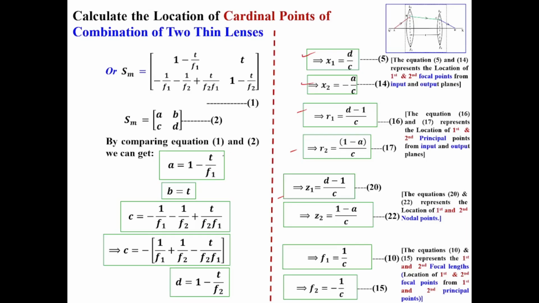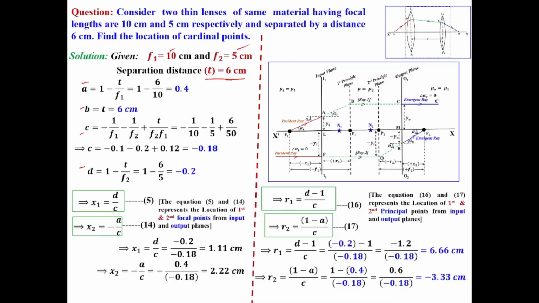What we found: A is nothing but 1 minus t by f1, B is t, C is minus 1 by f1 minus 1 by f2 plus t by f1 f2, and D is this one. By substituting the values t, f1, f2, we first determine the A, B, C, D values. A is nothing but 1 minus t by f1. Just substitute the values: t is 6, f1 is 10.